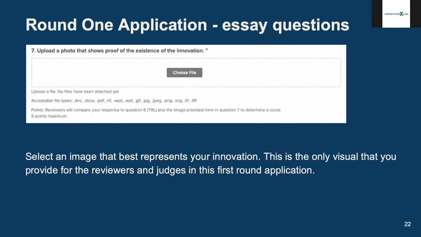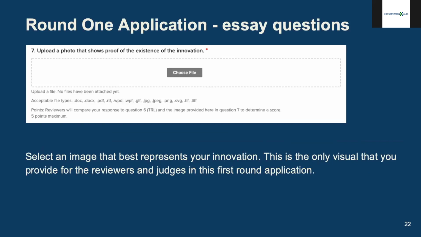Question 7 here is really asking you to upload a photo that shows proof of the existence of the innovation. This is the only visual that you get to provide in the application. It's the only thing that we allow you to attach to this application in the first round.